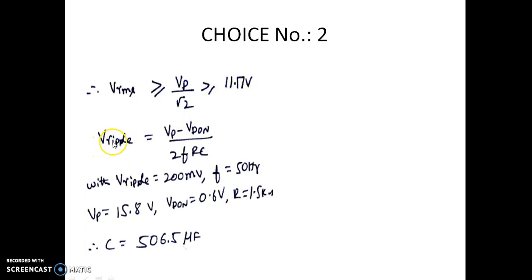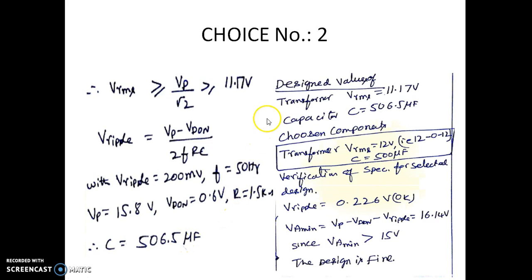V ripple is given by VP minus VD on divided by 2 FRC. The 2 comes because the output waveform is double that of a half-wave rectifier. So the value of C comes out to be 506.5 microfarad.